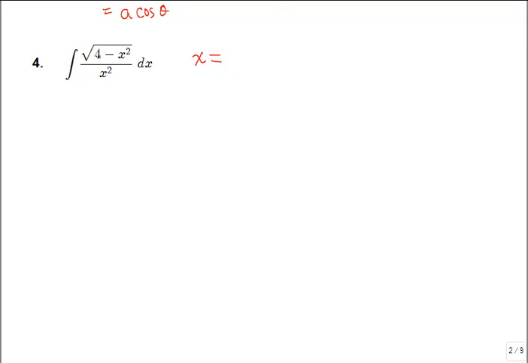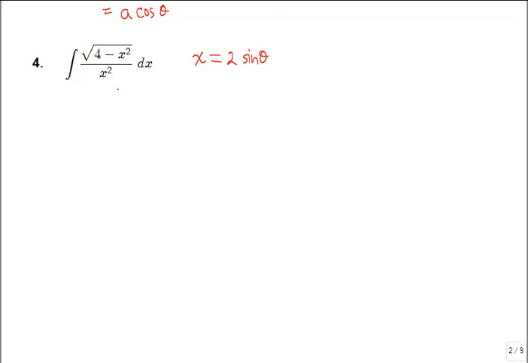Now because the constant comes first minus the variable squared, we want to do a sine, and in order to make the constants match, I'm going to need a coefficient of 2 in front of that sine so that once I square it, that 2 is going to turn into a 4 so that both of these terms will have a 4 in front. Okay, so this is my a sine theta. I'm letting x equal that a sine theta.